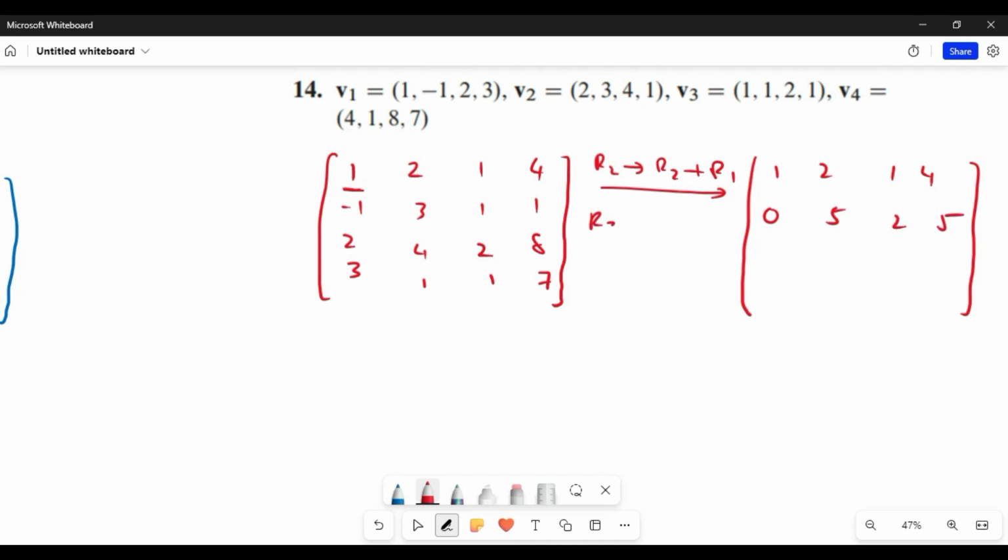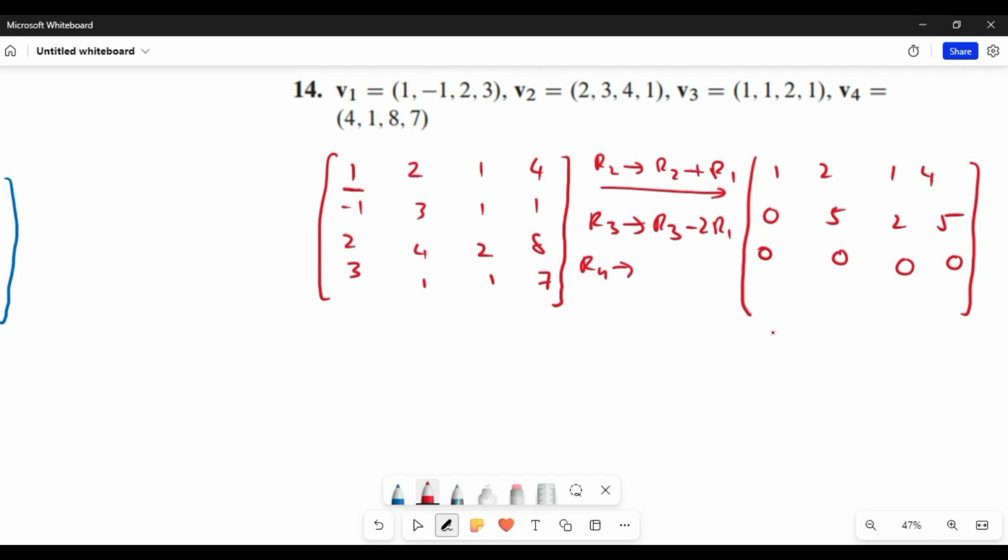Third row formula: R3 minus 2 R1. R3: 2 minus 2, so 0 here, 4 minus 4, 0, 2 minus 2, 0, all zeros, 8 minus 8, 0.